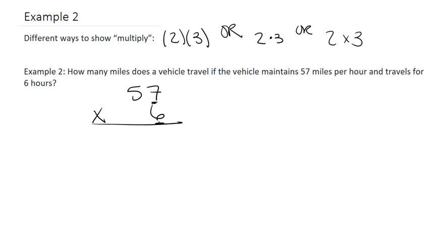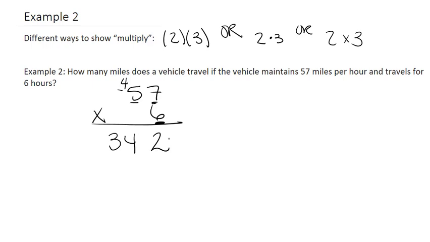So 7 times 6 is 42. So what we do is we put the 2 below, and then we're going to carry that 4 over to the 10 spot. So now we can go 5 times 6, which is 30, and then we're going to add that 4. So 5 times 6 is 30, plus 4 is 34.